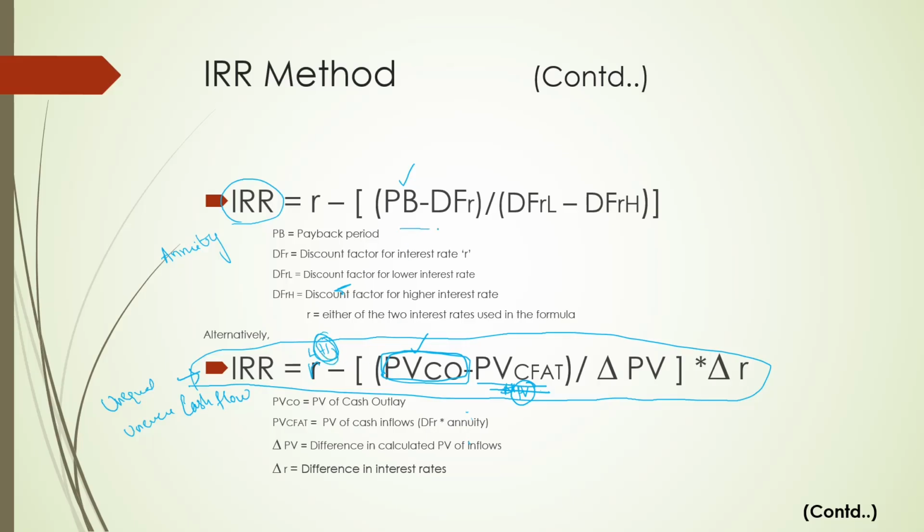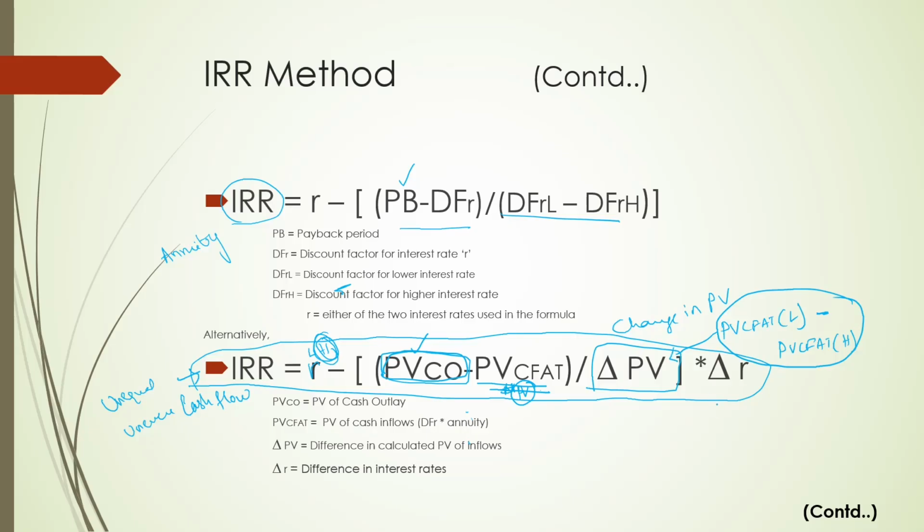Same as the previous formula. Now, here we have delta PV, that is, the change in PV values. You are seeing the difference of PVCFAT at the lower rate and PVCFAT at the higher rate. Subtracting these two gives the change in present value.